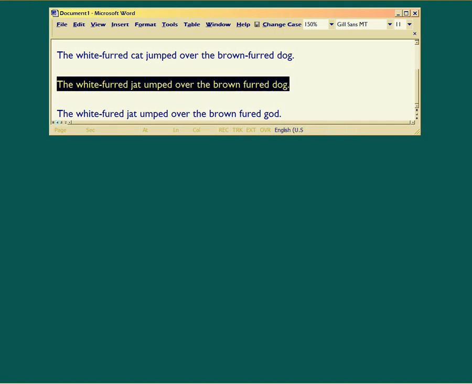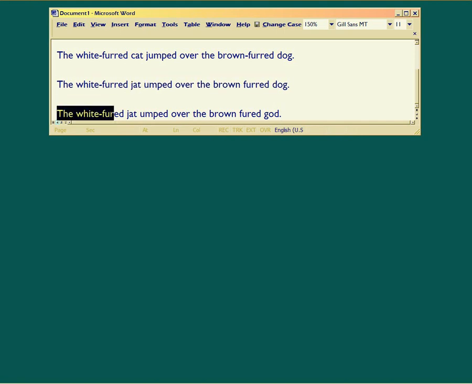It's real easy to know what the mistake is. And here you know for sure there's a mistake. Okay, so you know to go look for something. And you're pretty sure that there's no word F-U-R-E-D in the language, so you know there's probably another R that belongs there. So jat is probably an animal of some kind, and the same thing would be true of god. And of course you'd immediately know that it means dog, because God doesn't have any fur. You got that?